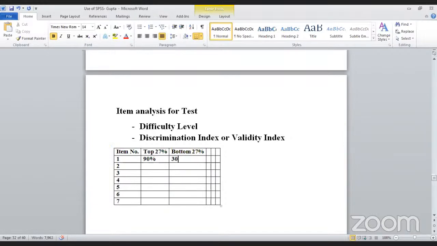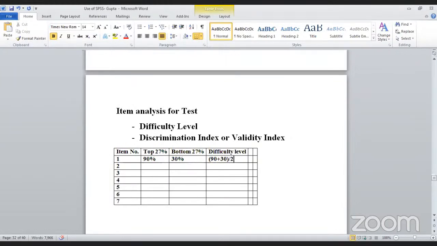Say 30% attempted it correctly. Then you can find out the difficulty level. And difficulty level will be 90 plus 30, and this whole divided by 2. You take the average.